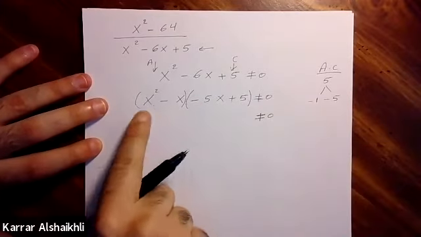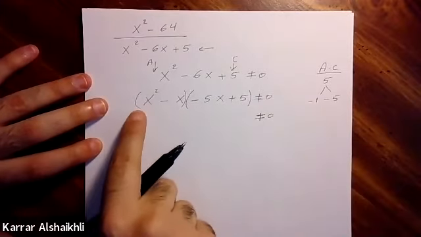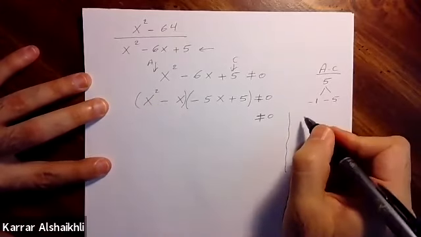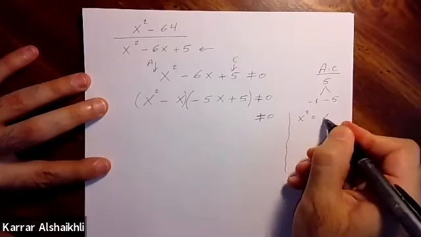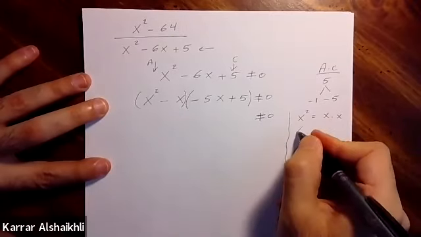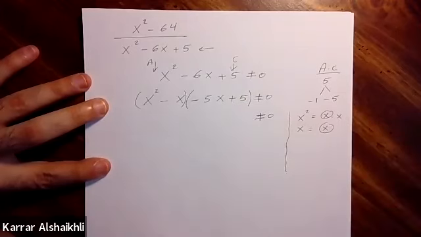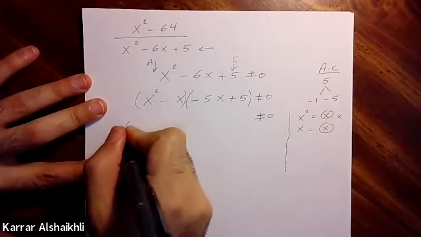Now I'm going to look at the first 2 terms. What's the common between the first 2 terms? I have x squared, which is x times x, and the second one is just x. So the common is x. So I'm going to write down the x.